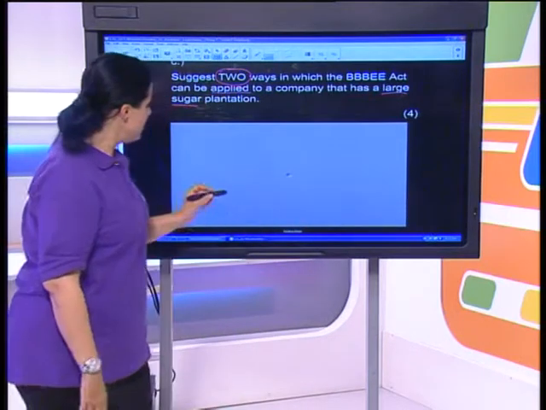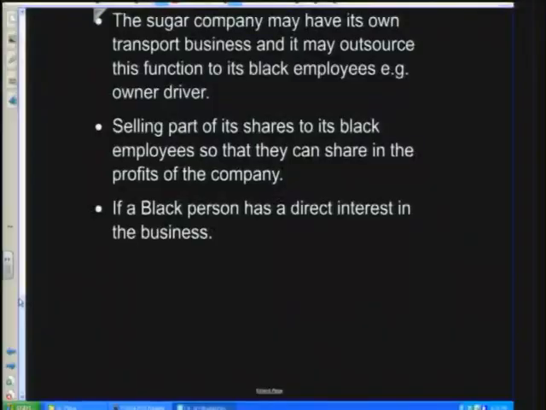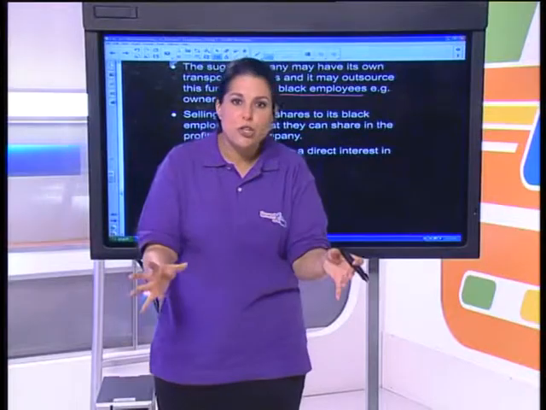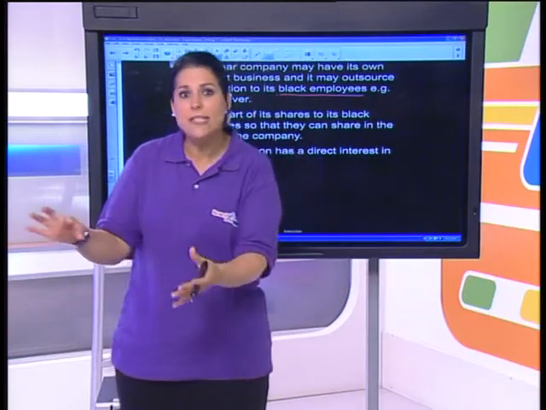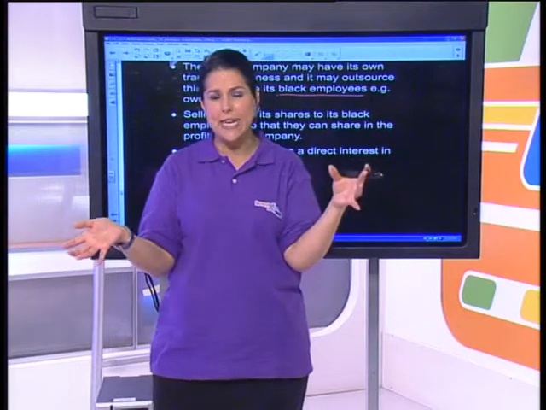So I'm going to show you what I wrote. I said the sugar company may have its own transport business and it may outsource this function to its black employees. Because remember, when they burn the sugarcane, all of those have to be transported. Do you guys know what those big trucks look like with all the sugarcane on?